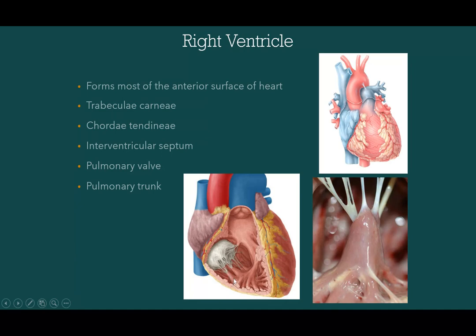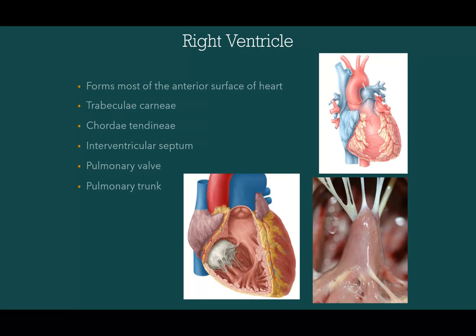And what happens there is chordae tendineae, which we're looking at here, extend off of the tricuspid valve, connect to the papillary muscles, and they help with closing the valves. Okay. We do have an interventricular septum, which is going to be the wall between the right ventricle and the left ventricle.